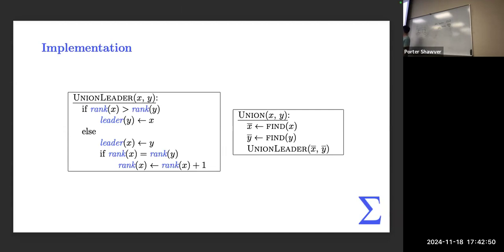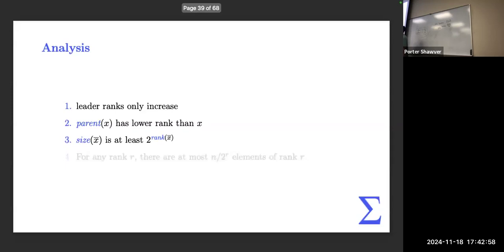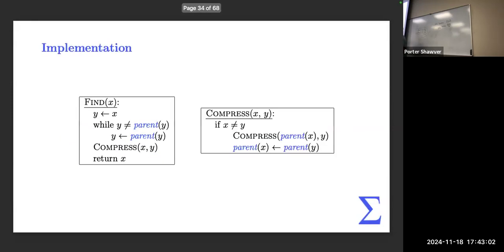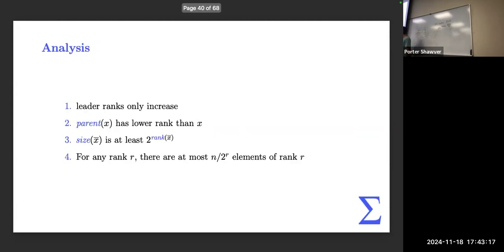So the only thing we need to do is analyze find, and that will also give us the running time of union basically for free. Also, find is just a call to compress, where compress is doing the path compression. So all we need to do is analyze compress, and if compress has some time complexity, then find and union have the same time complexity.